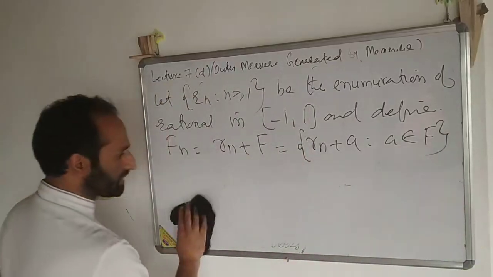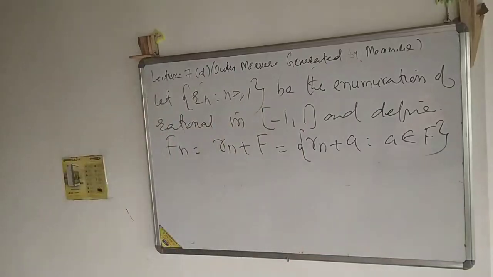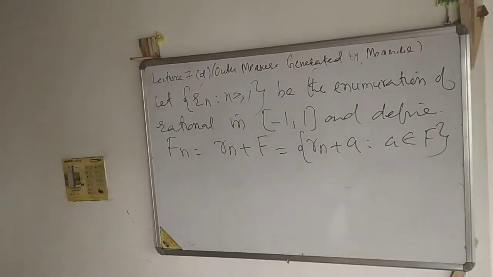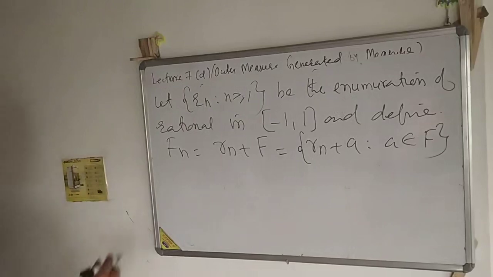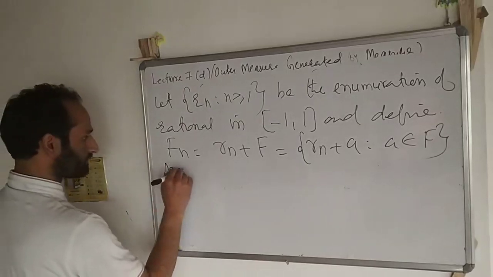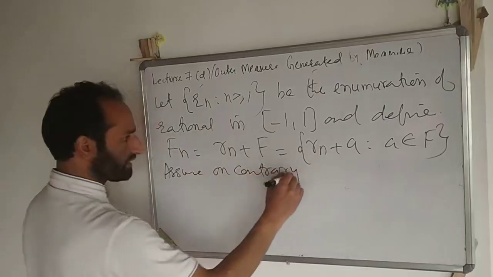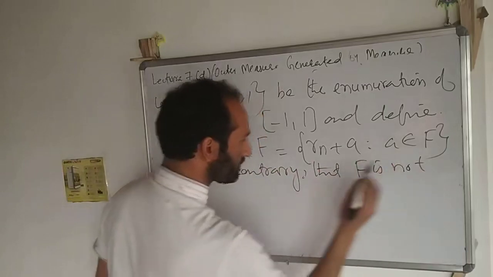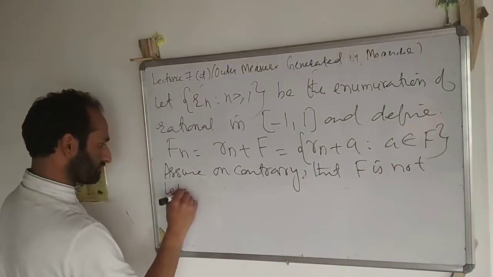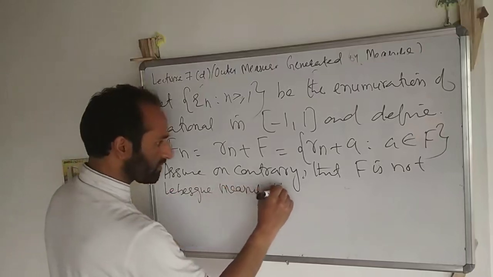So we need to show that the set F is not measurable. We assume on the contrary that F is measurable. Assume on the contrary that F is not Lebesgue measurable.